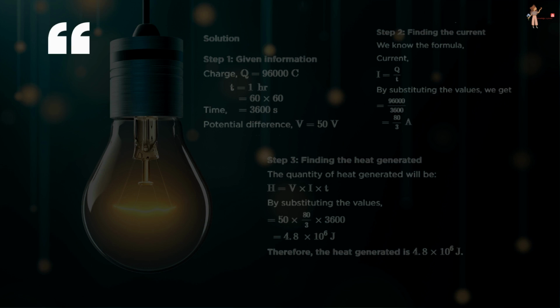We know the formula current is equal to Q upon T. By substituting the values, we get current equal to 80 upon 3 amperes. Now to find the heat generated, H is equal to V into I into T. Substituting the given values, we get H is equal to 50 into 80 upon 3 into 3600, which is 4.8 into 10 raised to the power 6 joules.